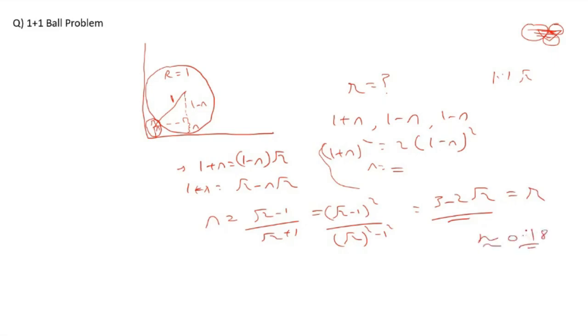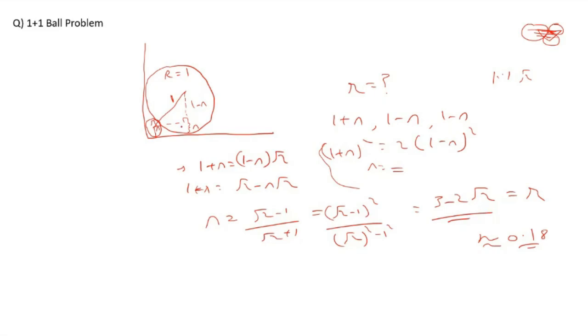So basically, if there is a bigger circle kept this way, and the smaller circle just occupies the space left by the bigger circle, and the bigger circle has a radius of 1, the smaller circle would have a radius of 0.18, or 3 minus 2 root 2.